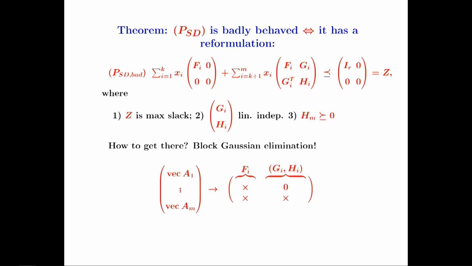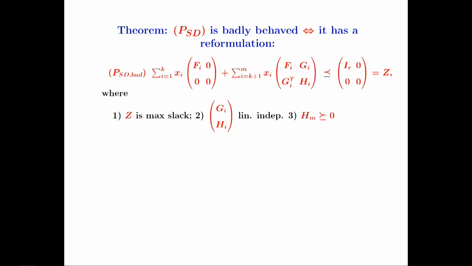So how do I get this? How do I get from a bunch of matrices, how do I select some of them in which a certain block is linearly independent, and how do I make sure that the corresponding blocks in the others are 0? Well, the way I do it is basically Gaussian elimination, right?